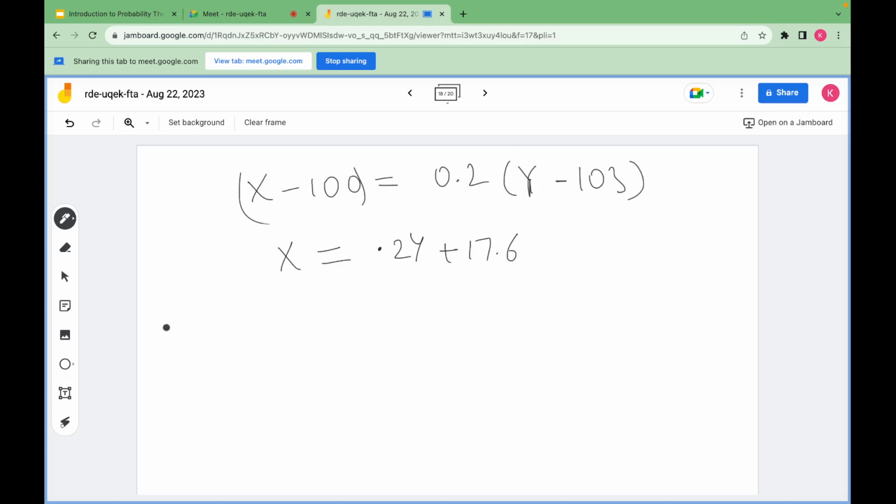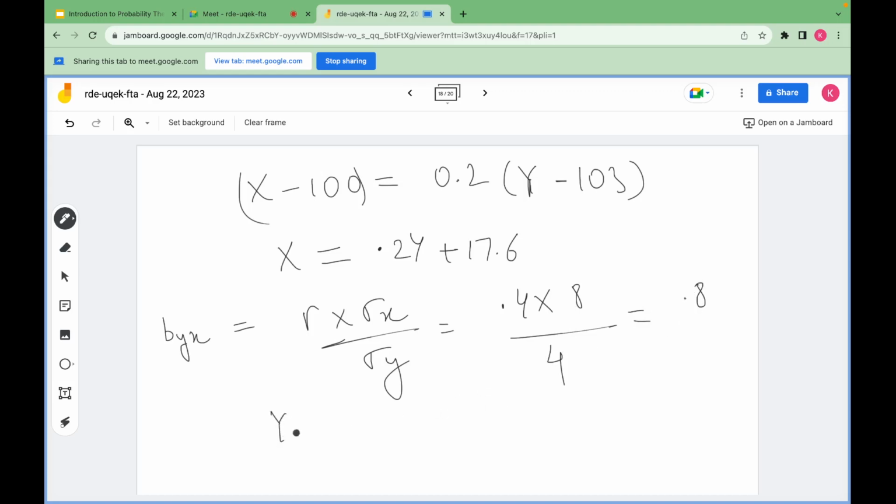Okay. Now, when we find this byx, this will be r into sigma x by sigma y, which will be 0.4 into sigma x is 8, this is 4. This will be 0.8.